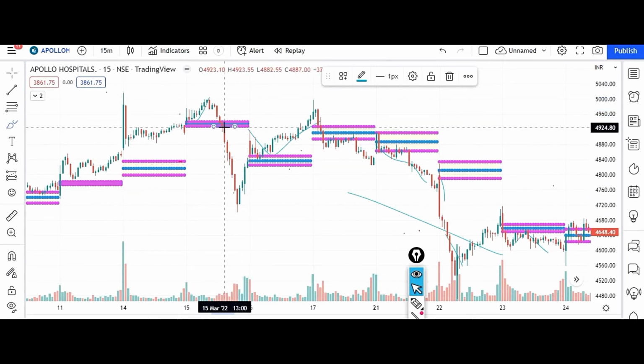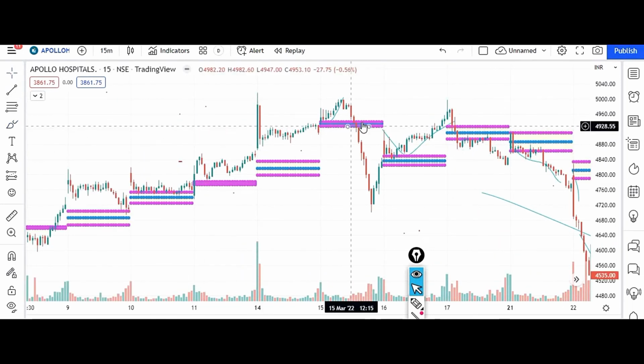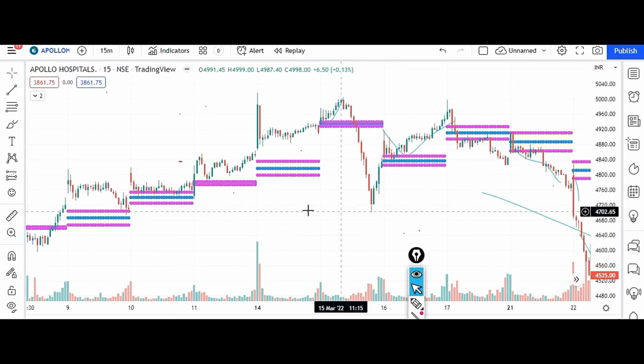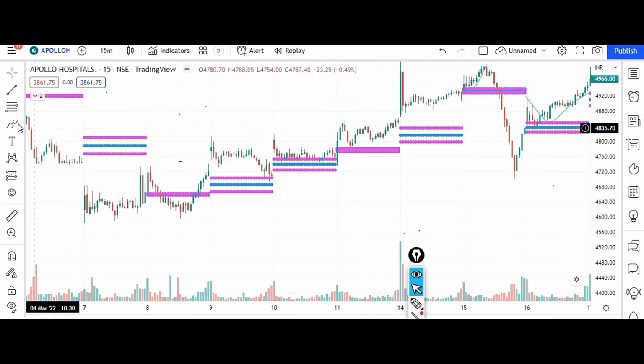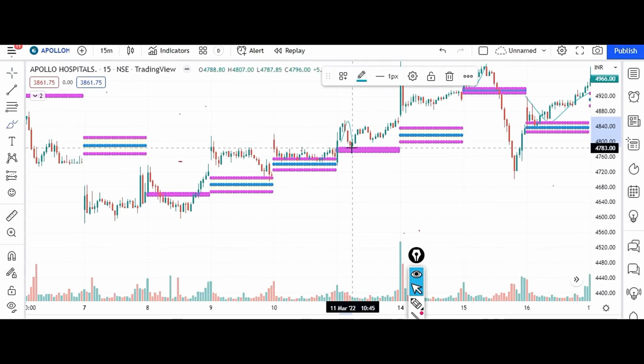If it reaches around 1:50, after mid-afternoon it will move like anything. This is narrow CPR, sorry. Narrow CPR, see breaches and fell. Bouncing from this level. Went up, reversed, and again bounced.